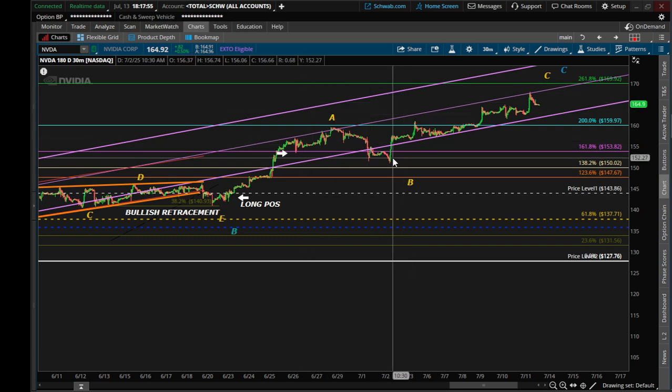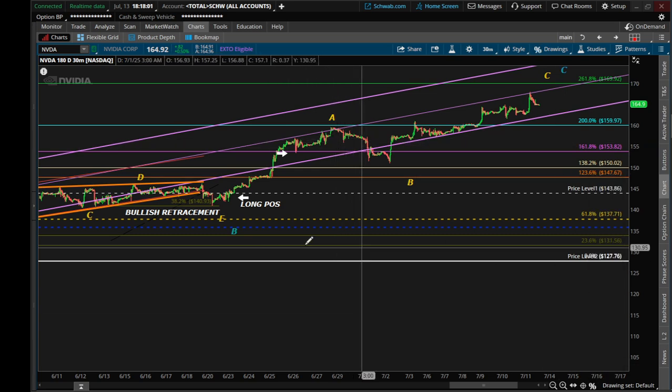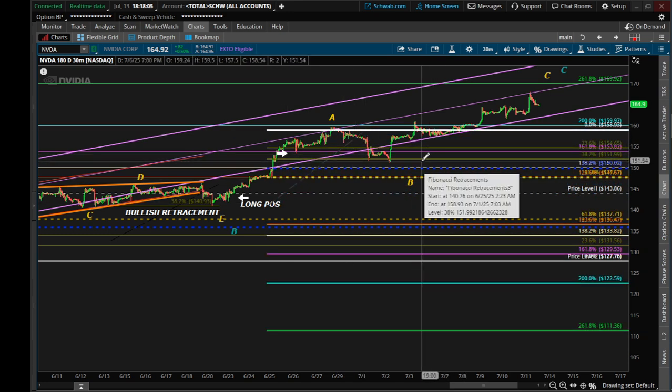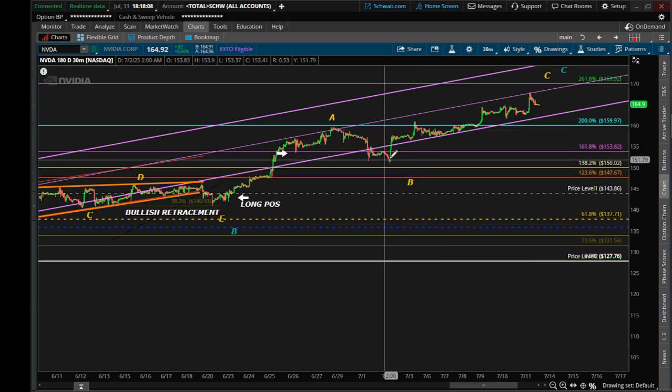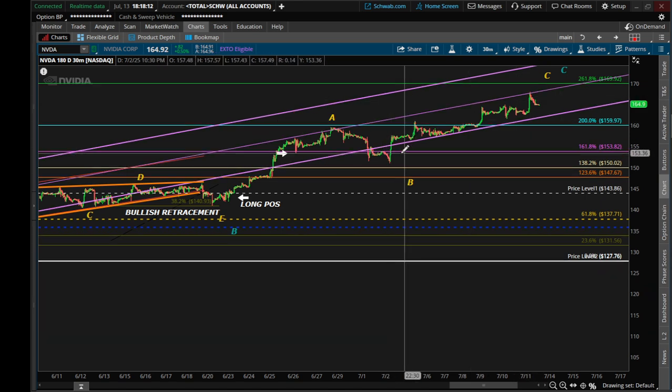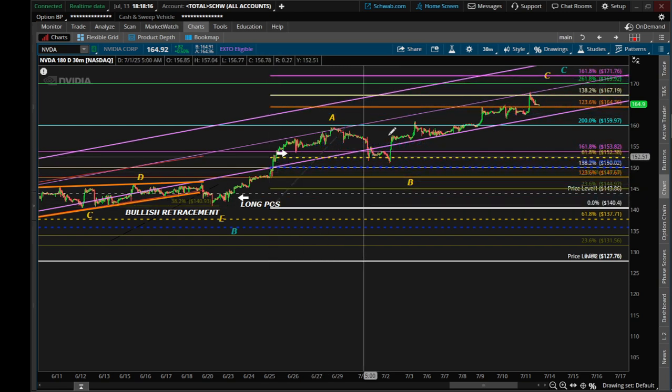Okay, like I said, we got out of the trade here early, but we would have reanalyzed the pullback and said, okay, well, from there to there, it's still 38.2, so we could have got in again here and tried to ride this up based on targets from here. This would have given us right here the 123.6 and the 138.2.